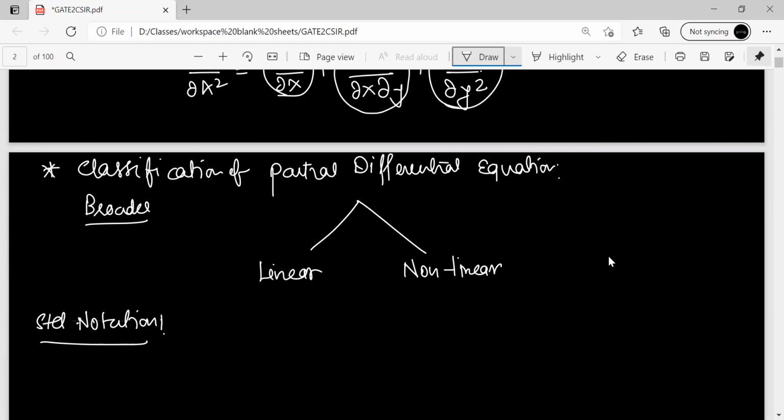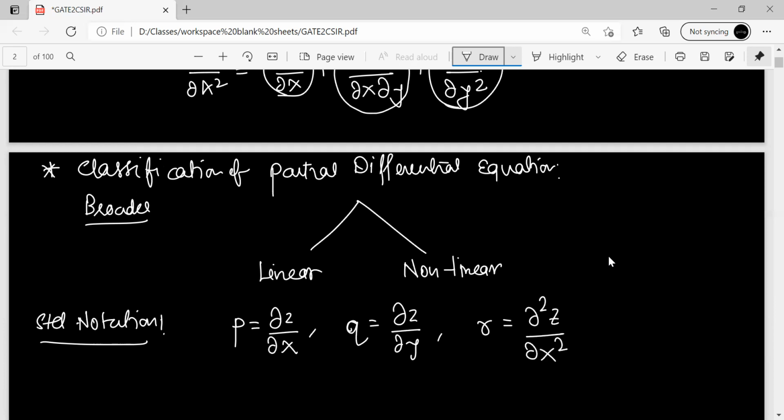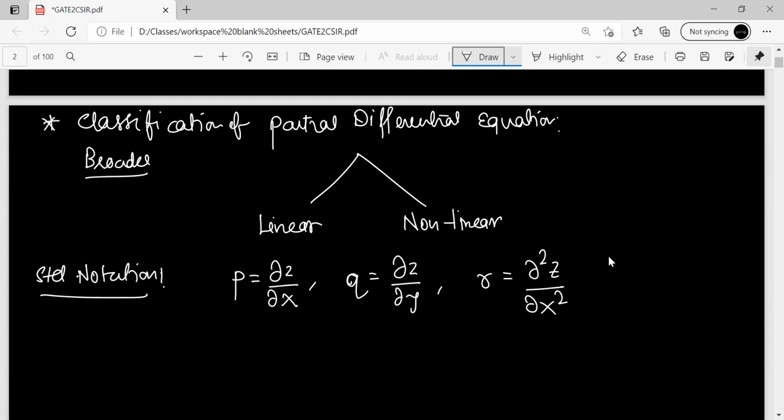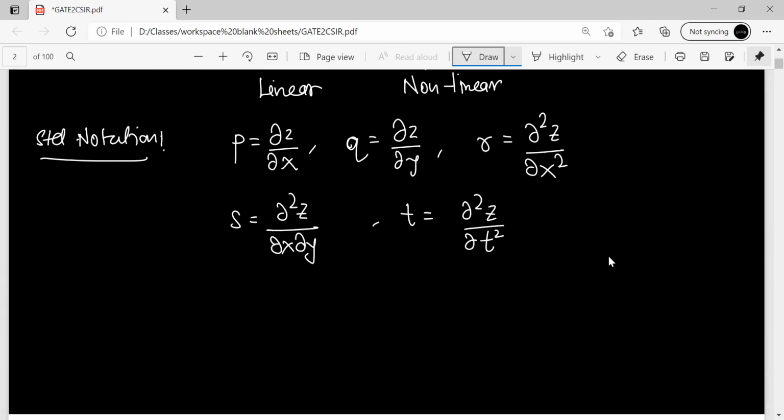You may read any book, you will find these notations do not vary. So del z over del x is denoted by p, and q is for del z over del y, and then r comes for the second order derivative of z with respect to x. Then s is there, which is the mixed partial derivative, del square z over del x del y, and then you have t, which is del square z over del y square. So this is the standard notation, and it will be followed throughout.